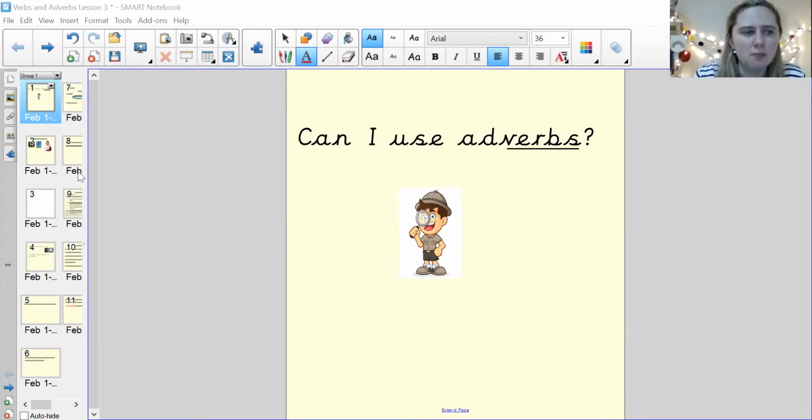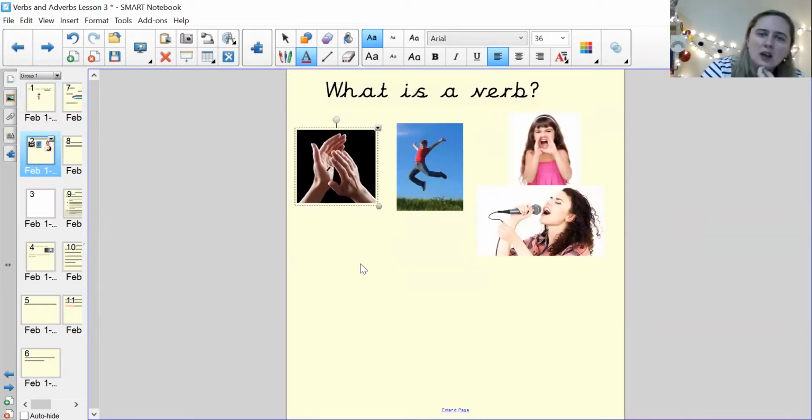Okay, before we learn what an adverb is, we need to remind ourselves, what is a verb? Can anyone remember? We've talked about verbs in school before. What is a verb? Well, a verb is a doing word.